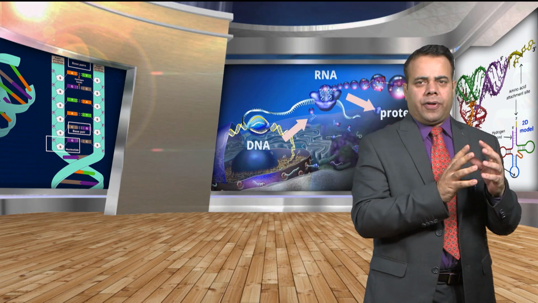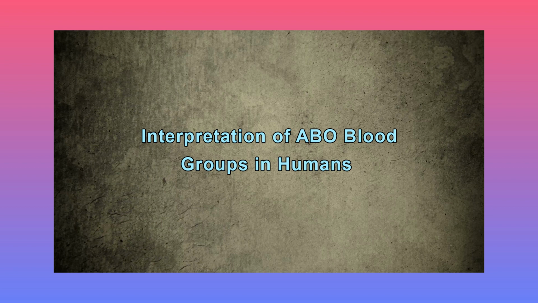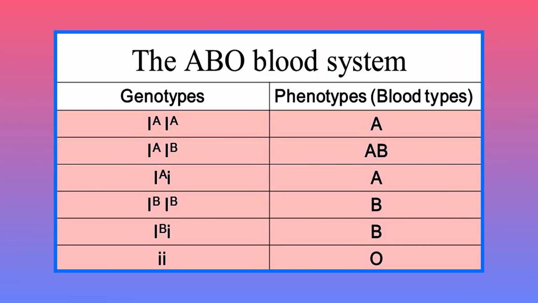Thus, the gene is said to be polymorphic, from the Greek words for having many forms. Interpretation of the ABO blood groups in humans is that there are 6 different genotypes and only 4 phenotypes for blood groups in humans.